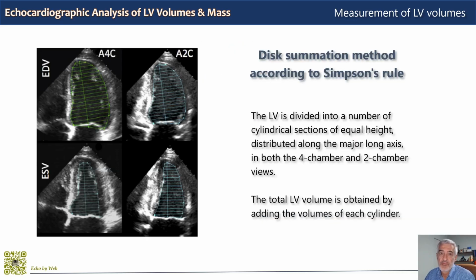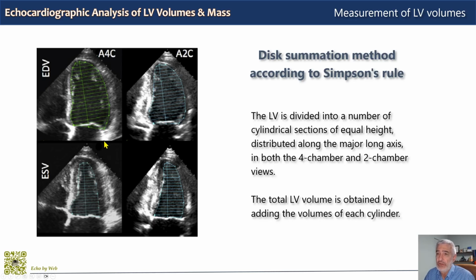The most popular method and the most used formula to calculate the volumes of the left heart chambers, left ventricle and left atrium, is the disk summation method according to Simpson's rule. As you can see here, the left ventricle is divided into a number of cylindrical sections, these ones, of equal height, which are distributed along the major long axis in both the 4-chamber and 2-chamber view in diastole and in systole.